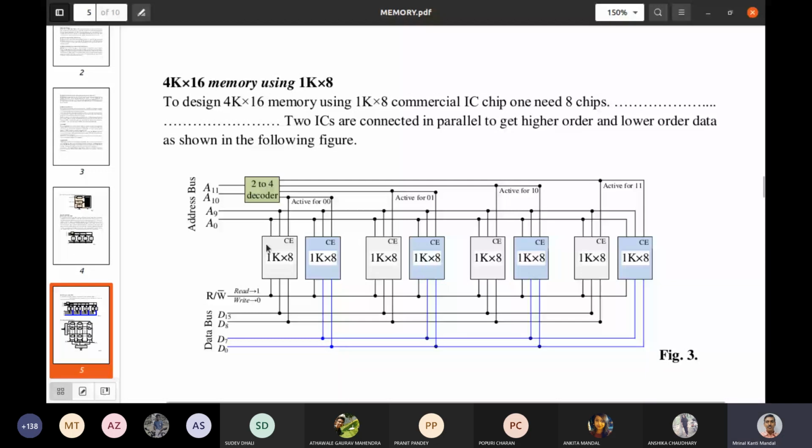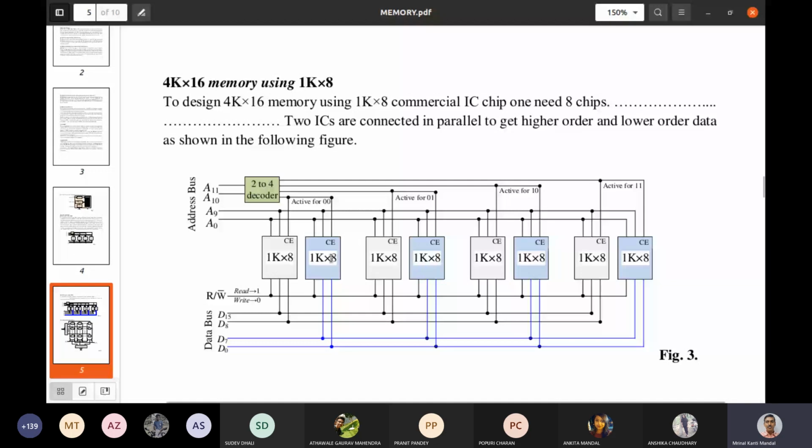So now here our aim is to expand the data to 16 bit, and our available memory is 8 bit. That means each IC at a particular location can contain 8 bit data, but we need 16 bit data. Then we have to consider two ICs in parallel connection.